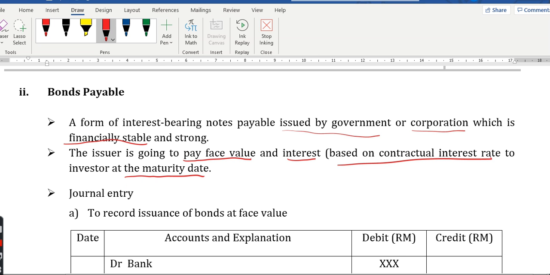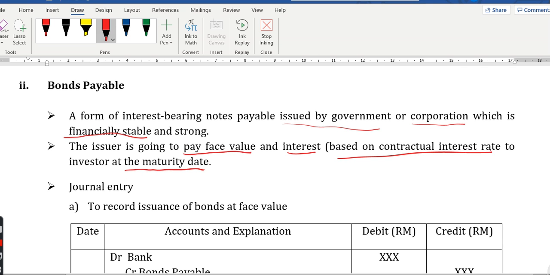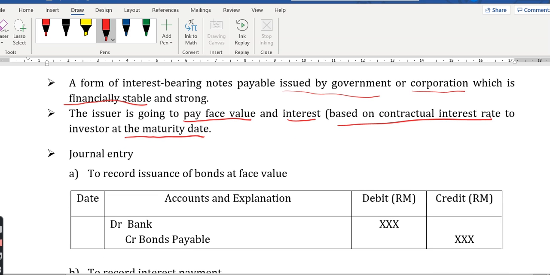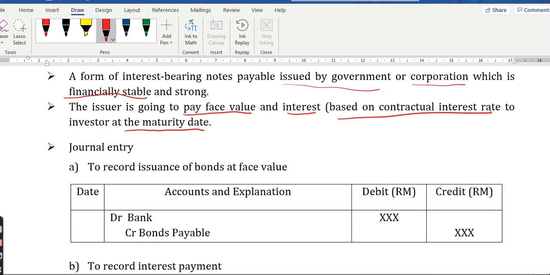So we go through the journal entry to record the issuance of bond at face value. Face value is actually the principal amount. For bond, normally we're going to use bank, right? Because the amount of money that is issued for bonds payable is normally very large, a very huge sum of money.